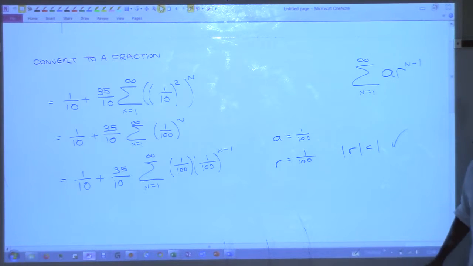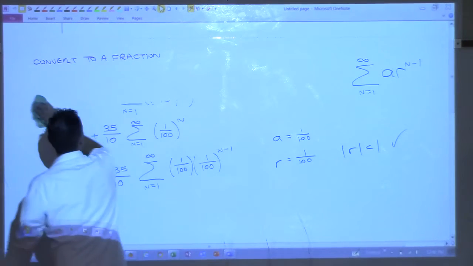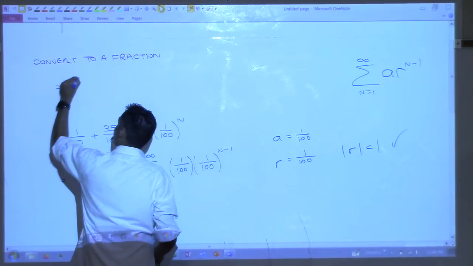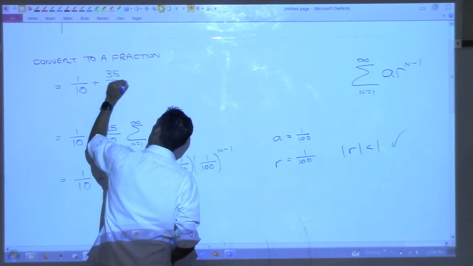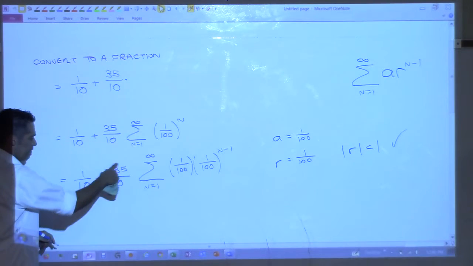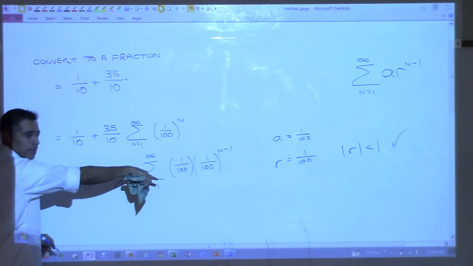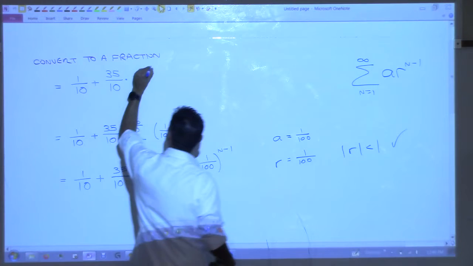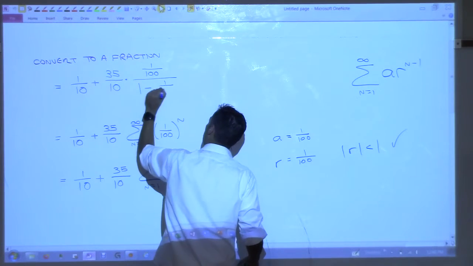Right? So now this equals 1/10 plus 35 over 10 times A over 1 minus R, is the formula for that. So A is 1 over 100 over 1 minus 1 over 100.